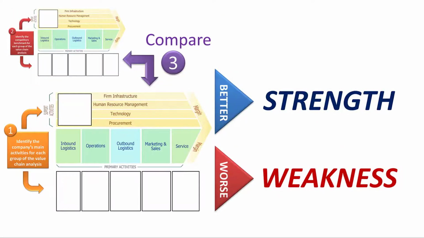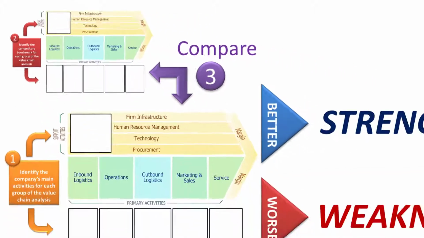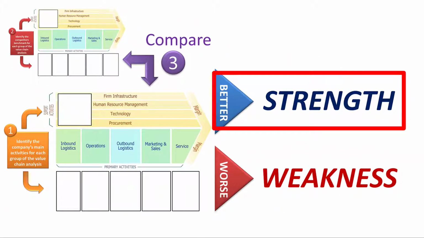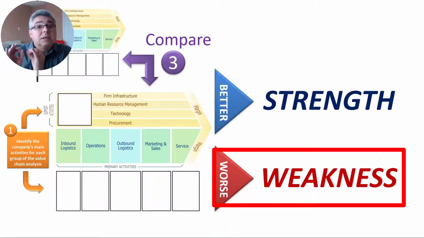Then you go to the third step. The third step is to compare the company that you are evaluating with the industry benchmark. If your company is doing better than the industry, it is classified as a strength. If the performance of the company that you are assessing is worse than the industry, it is classified as a weakness.